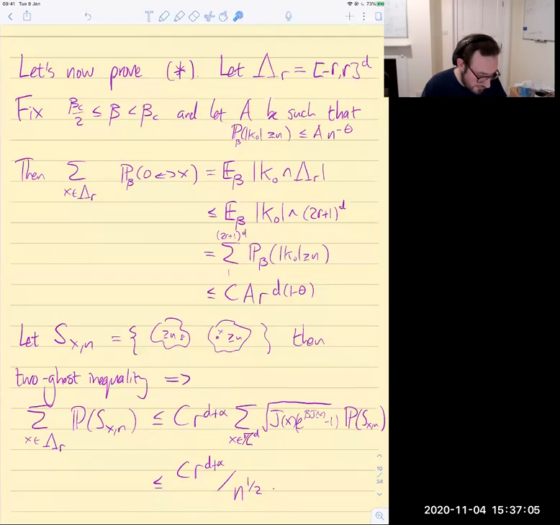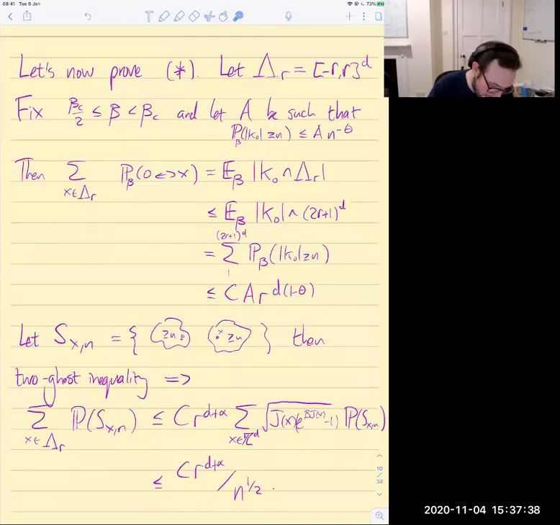Well, first of all, let's try and get a bound on the 2-point function. And we can do this in an extremely naive way. We just say, if I sum over all x in the ball of radius r, that's equal to the expectation of the intersection of the cluster with the ball. But that's bounded by the expectation of the minimum of the cluster at the origin and the total size of the box. And I can always write an expectation of this form in this way.